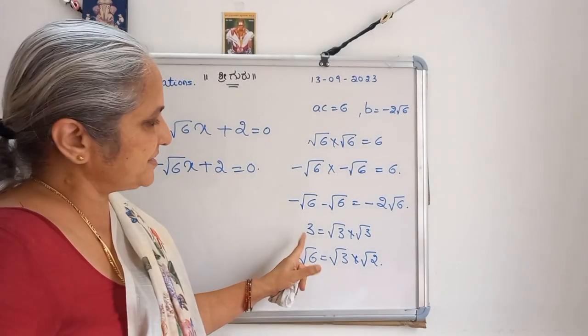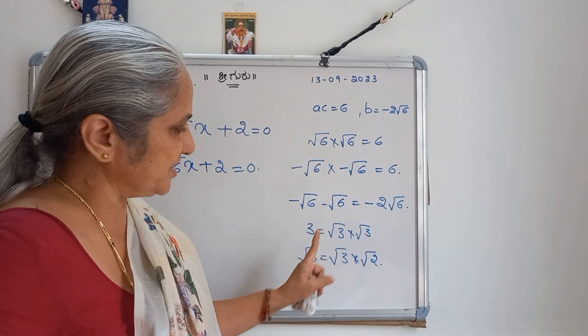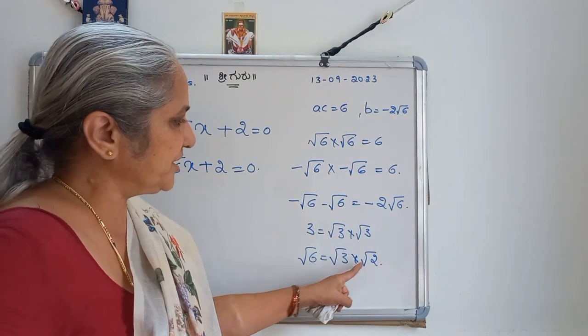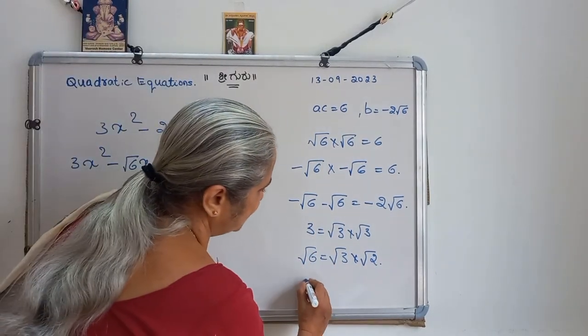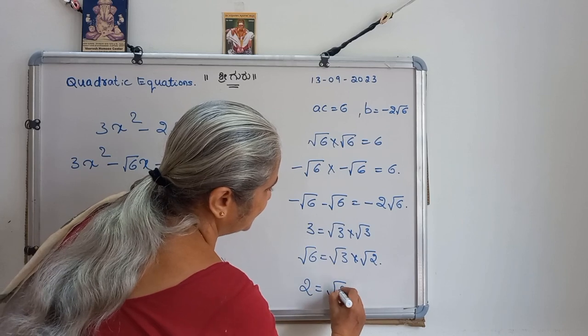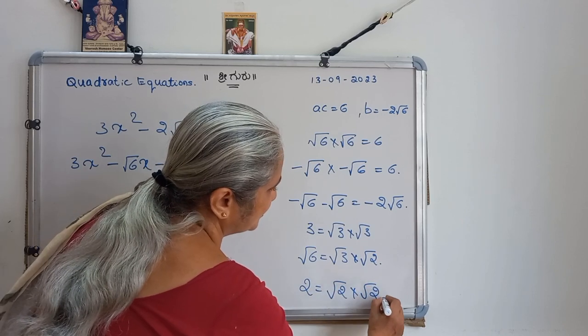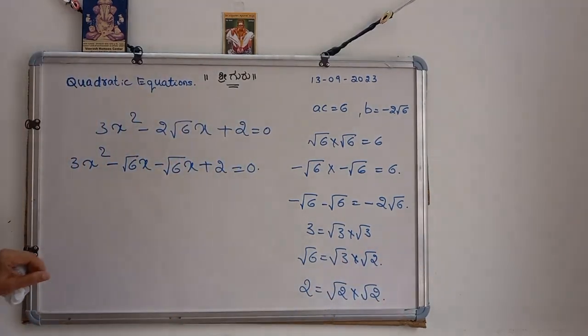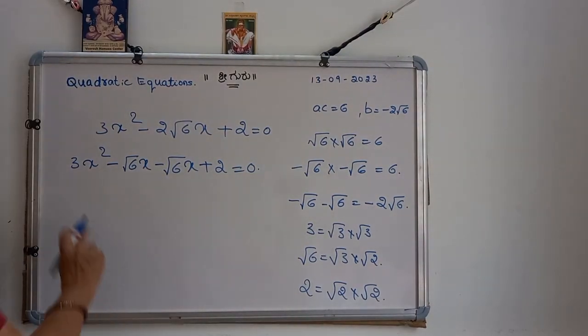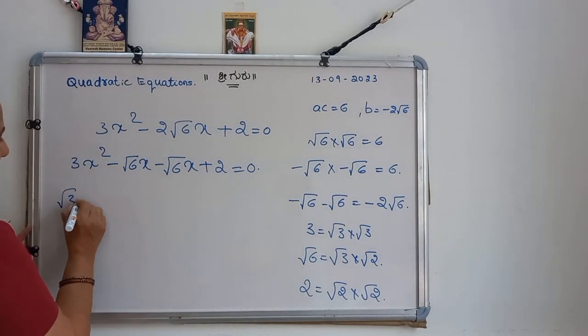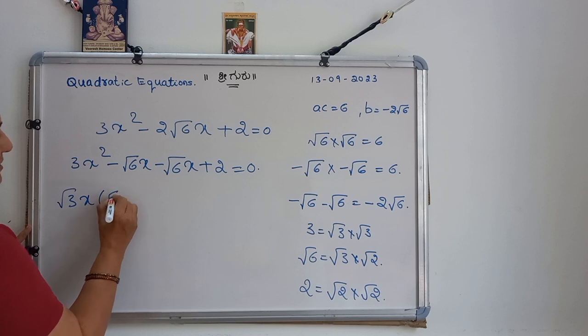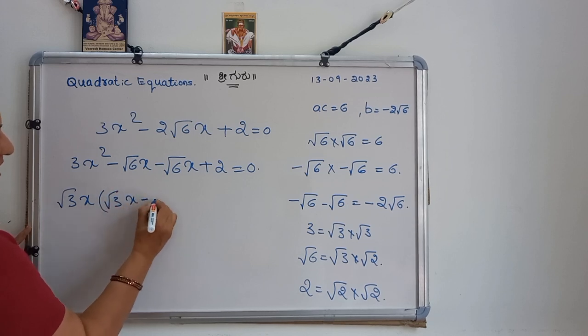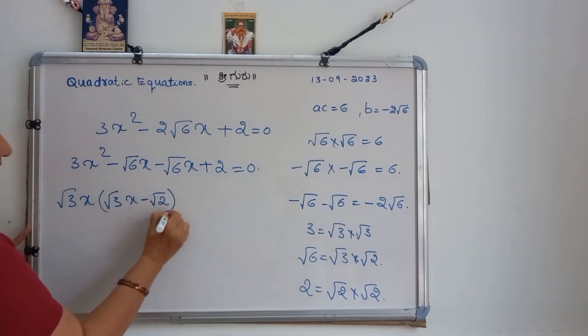If we write 3 as root 3 into root 3 and root 6 as root 3 into root 2, similarly 2 is equal to root 2 into root 2, so we could find common factor between these terms. Root 3x into bracket root 3x minus root 2.